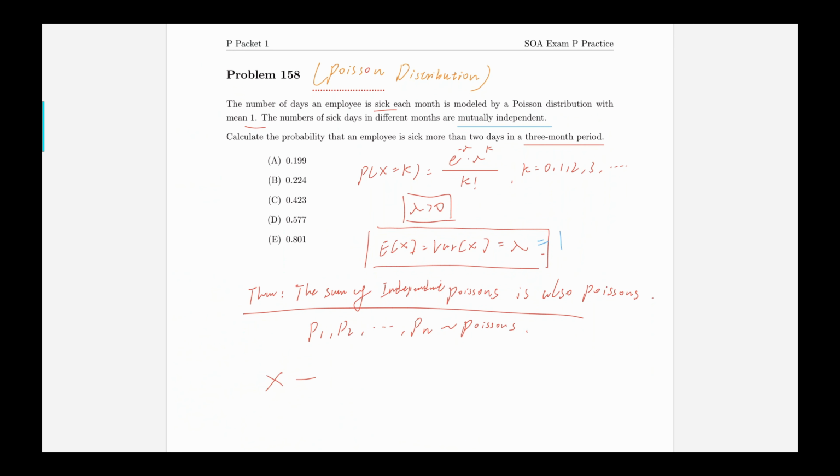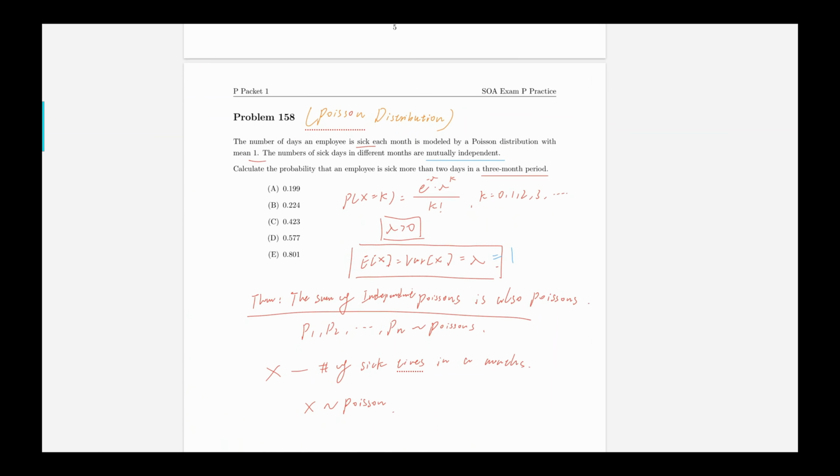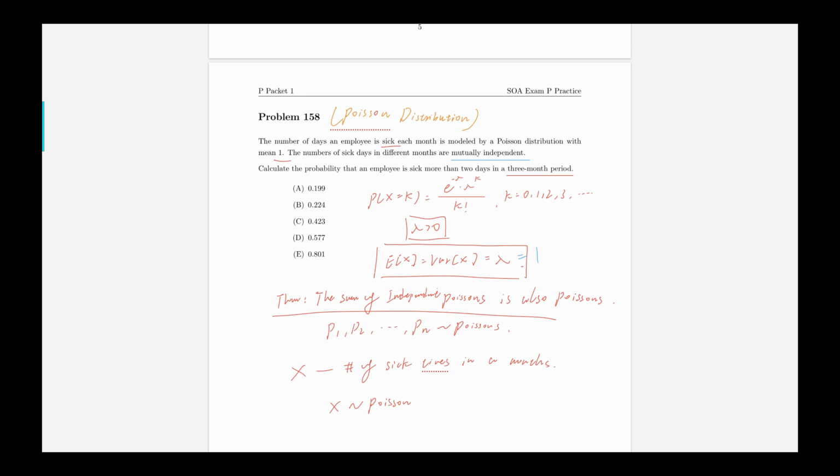Let's use X to represent the number of sick times in a month. And we also know that X follows a Poisson with mean 1.